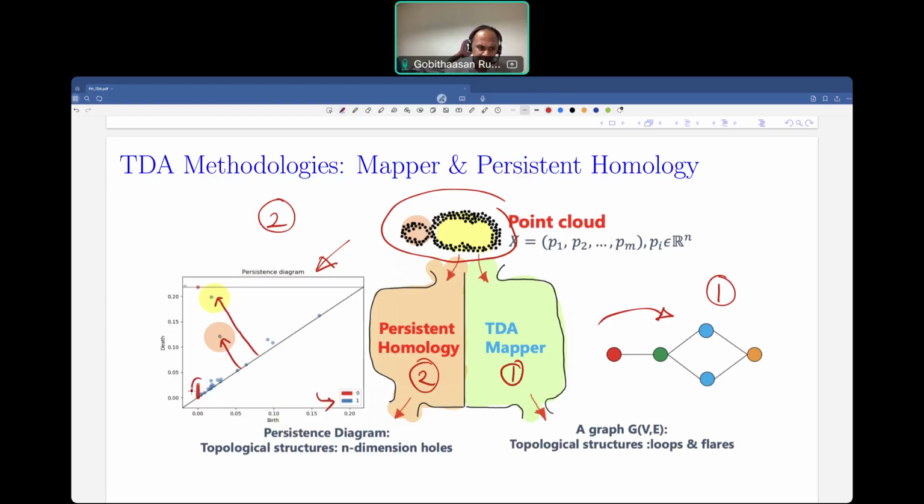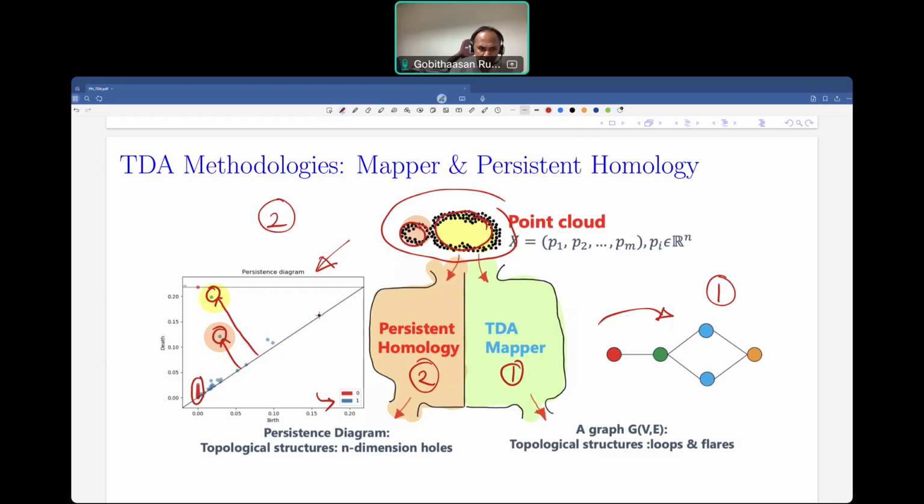Whereas the other points represent connected components. Right. So the points that are in blue represent one-dimensional holes. Yeah, that's the hole that you see here. The big one corresponds with this blue one, and then the orange corresponds to this point here, right?